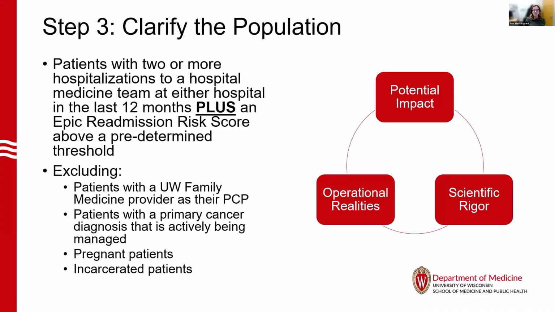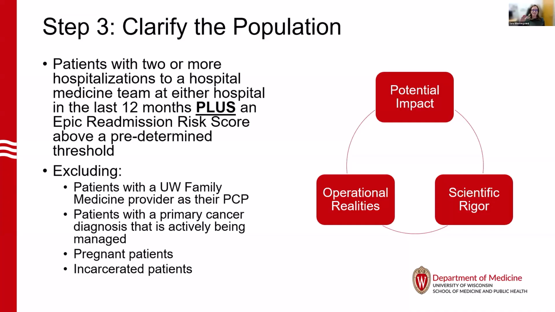Our thought was to take patients who had had 2 or more hospitalizations to a hospital medicine team within the last 12 months, and then also layer on some of the technology that had been introduced through the EPIC readmission risk score, which takes into consideration various social determinants of health and other medical conditions, and populates this risk score into the electronic health record.